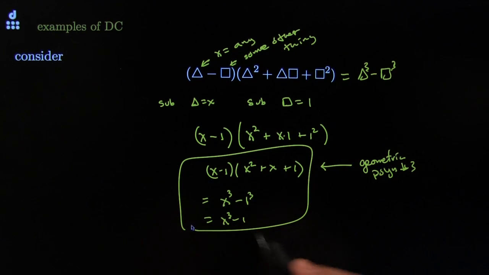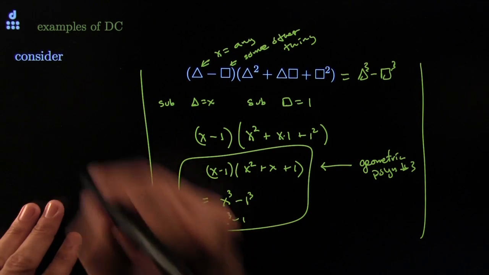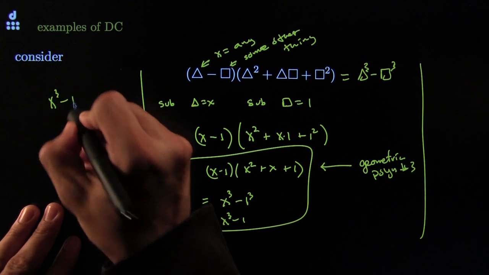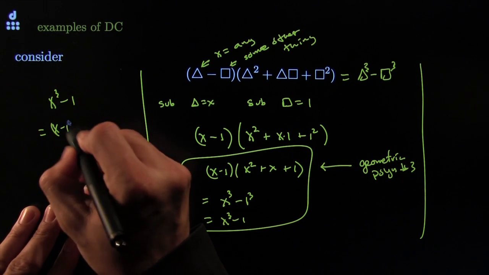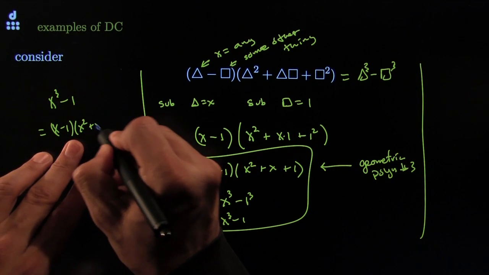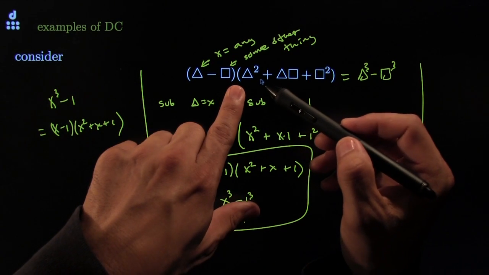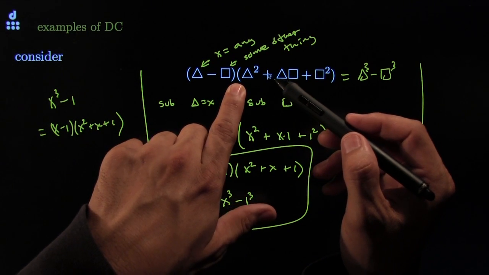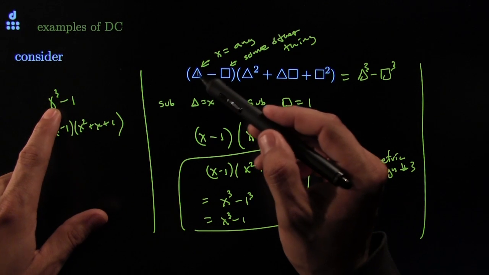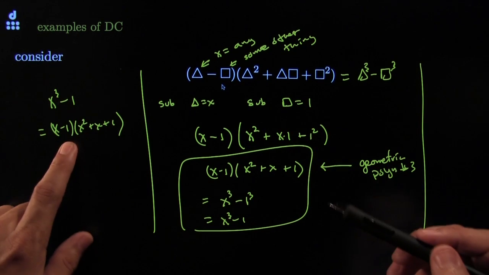This becomes something famous, so every time you have something like x cubed minus 1, you should think, oh, that's x minus 1 times x squared plus x plus 1. In disguise, that is just a special case of the difference of cubes, where the first item is an x and the second item is a 1.